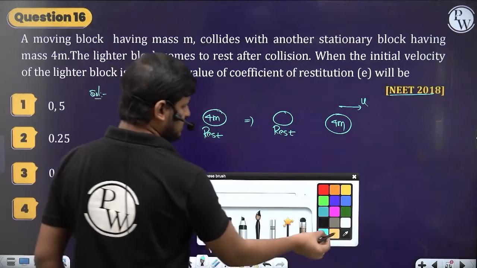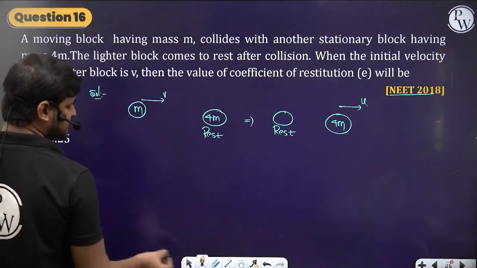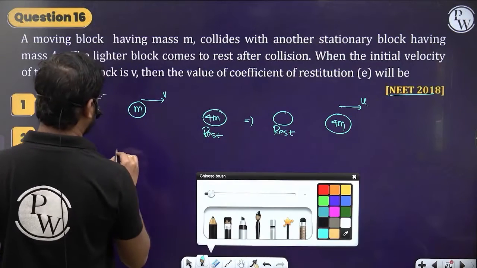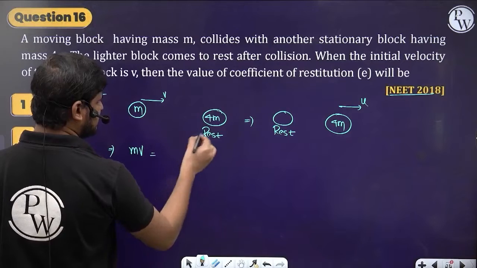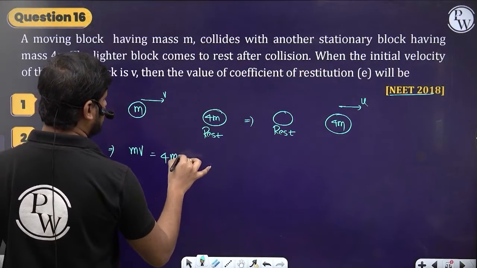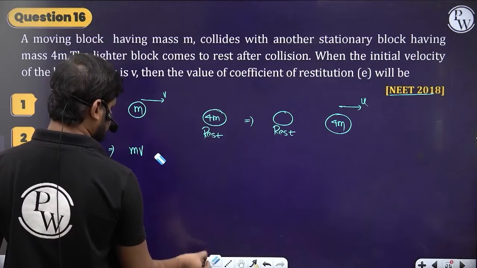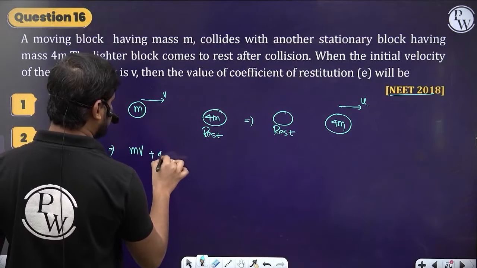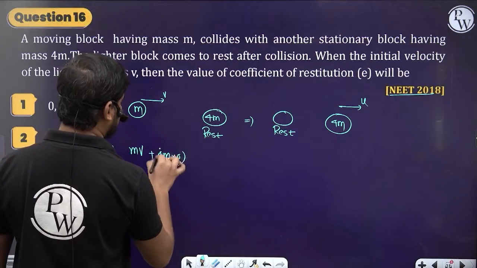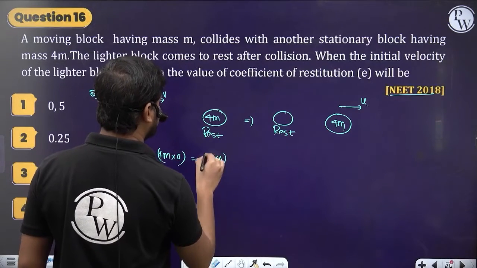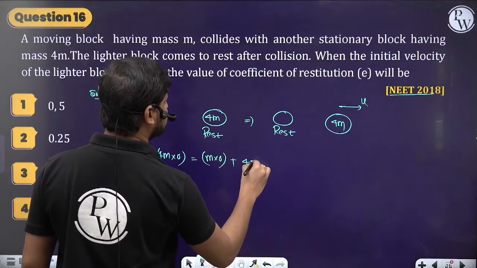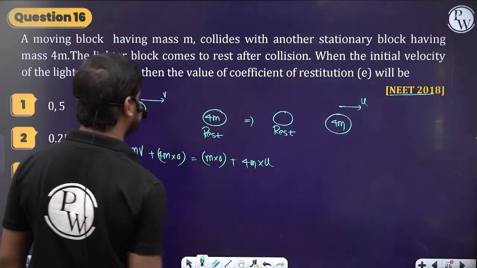See here. The first thing is to apply the conservation of momentum. Its mass into initial velocity is equal to 4m into 0, since this is at rest. After collision, this comes to rest, so m into 0, and the 4m mass moves with, let's suppose, velocity u.